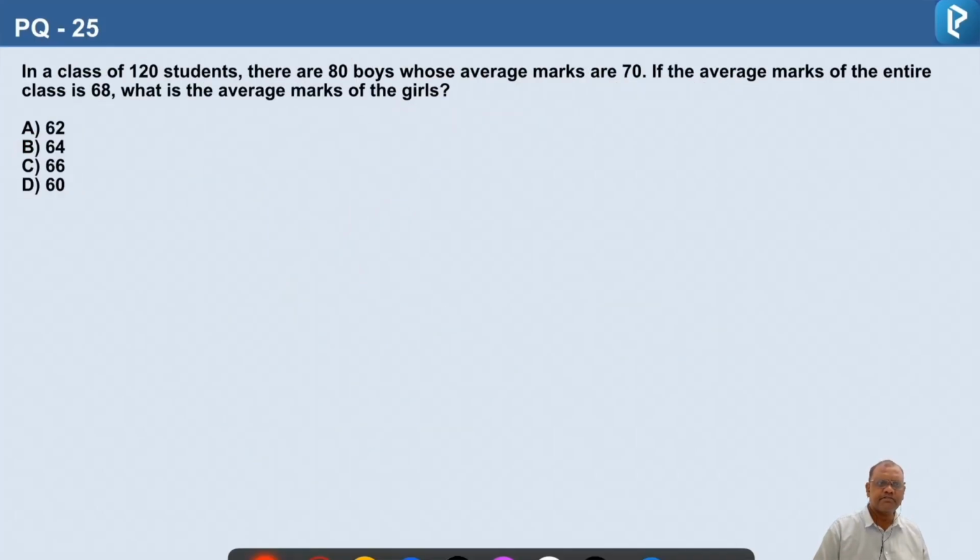Question number 25. In a class of 120 students, there are 80 boys whose average marks are 70. If the average marks of the entire class is 68, what is the average marks of the girls? So we have boys and girls.